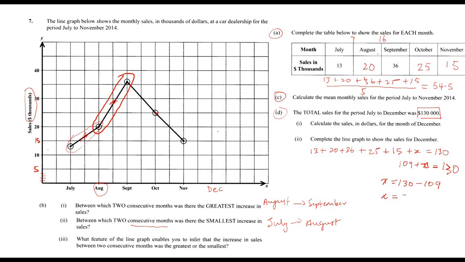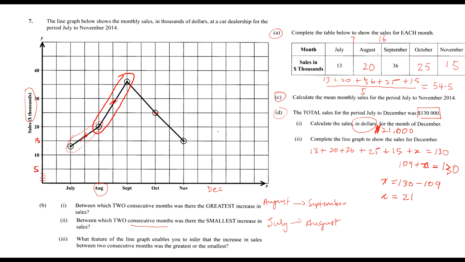So this is 21 for December, right? But I want the sales in dollars, so therefore the answer is actually $21,000, right?